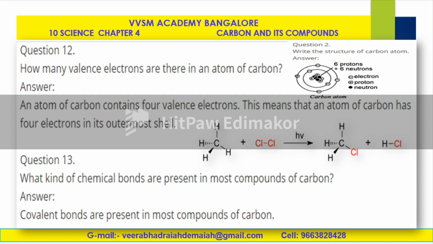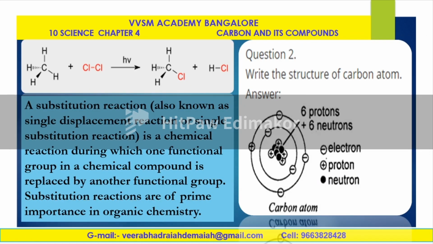What kind of chemical bonds are present in most compounds of carbon? Generally, covalent bonds are present in most compounds of carbon because of the sharing of electrons, forming covalent bonds. If the substitution reaction occurs, we will study this in organic chemistry separately.